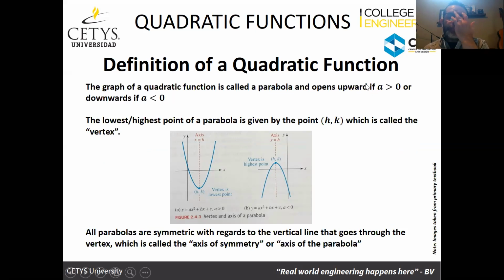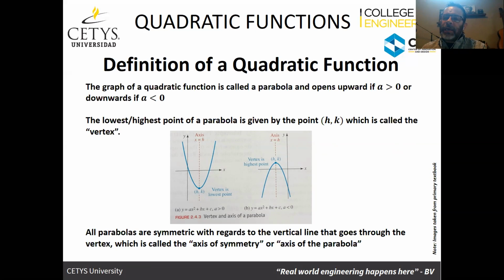And so if a, which is the value that's next to the x squared, is positive, the parabola is facing upwards. If a is negative, the parabola is facing downwards. And the point h comma k that we saw in the vertex representation is going to represent either the highest point or the lowest point, depending on how the parabola is facing.